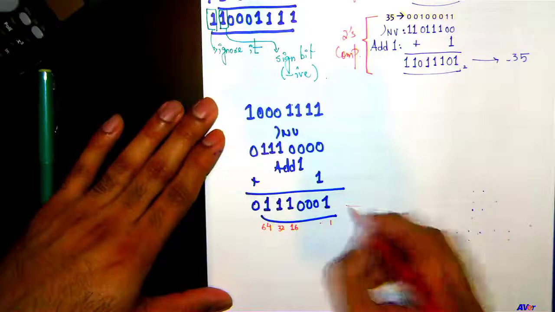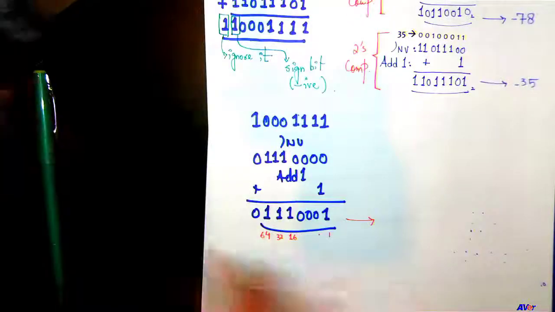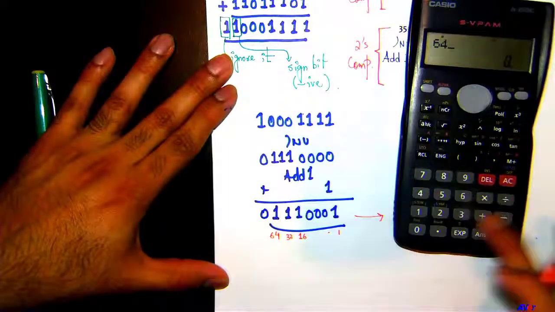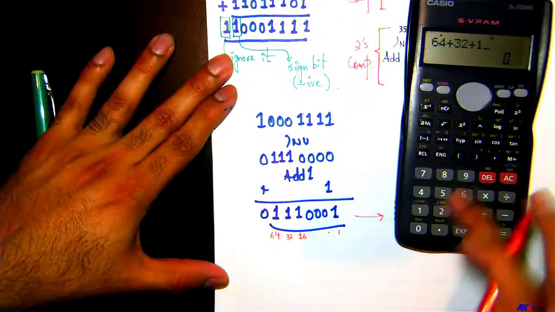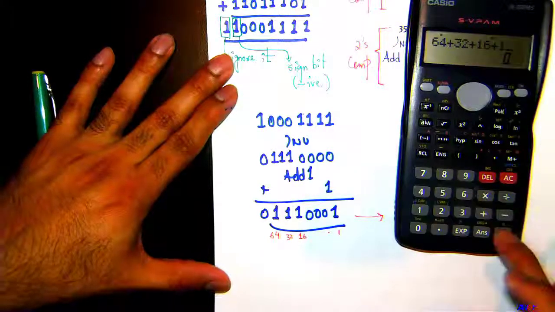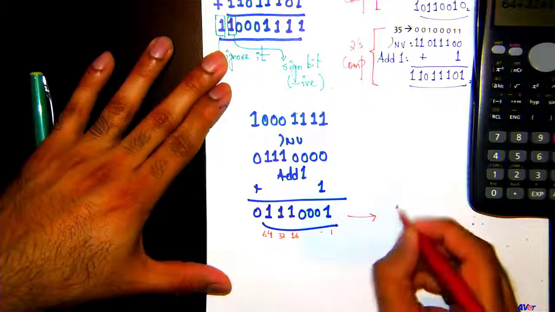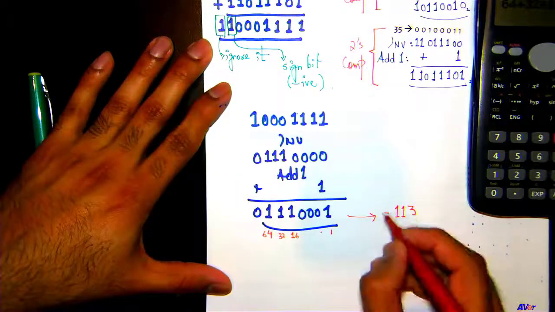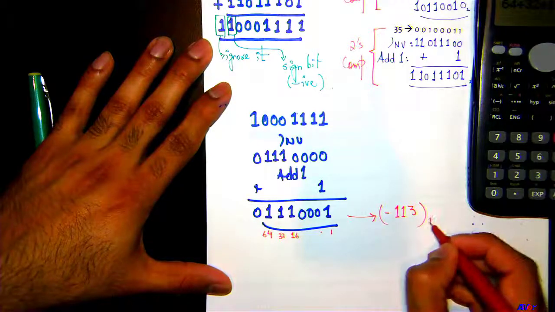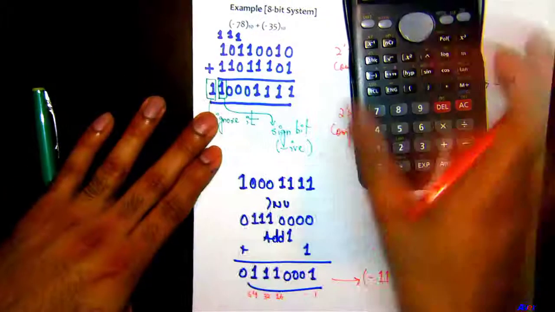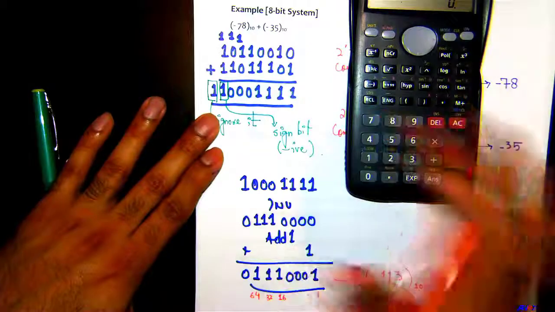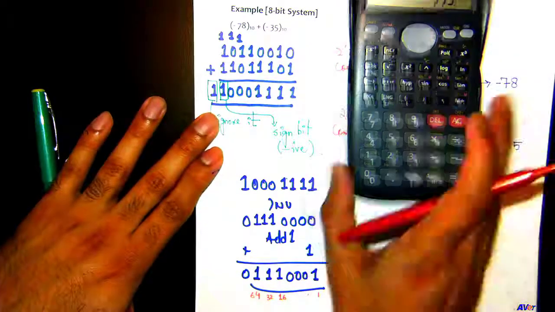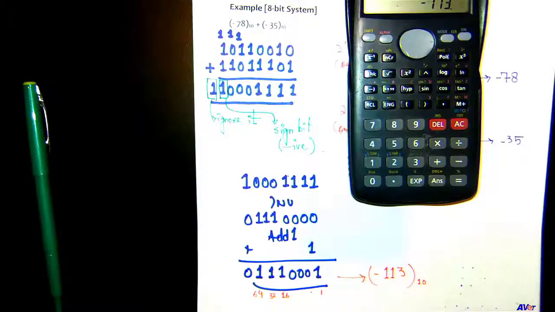Okay, what do we get here? 64 plus 32 plus 16 plus 1. 113. And because this number was negative, it's negative 113. And if you do the math here, negative 78 minus 35 gives you negative 113 as well, right?